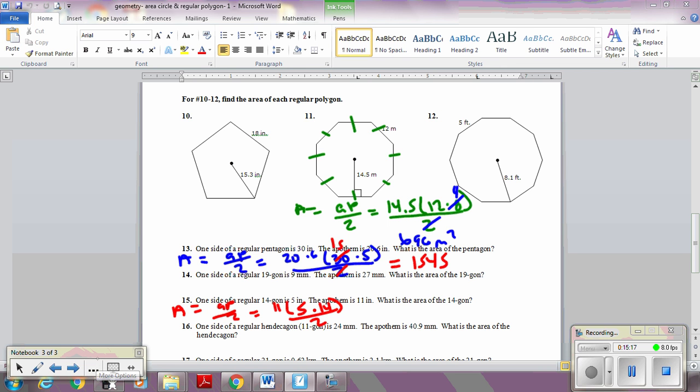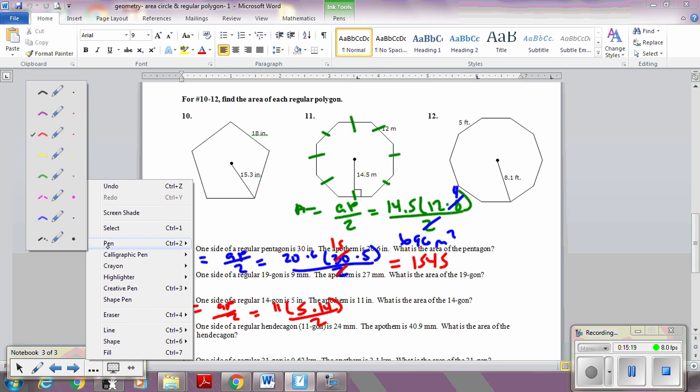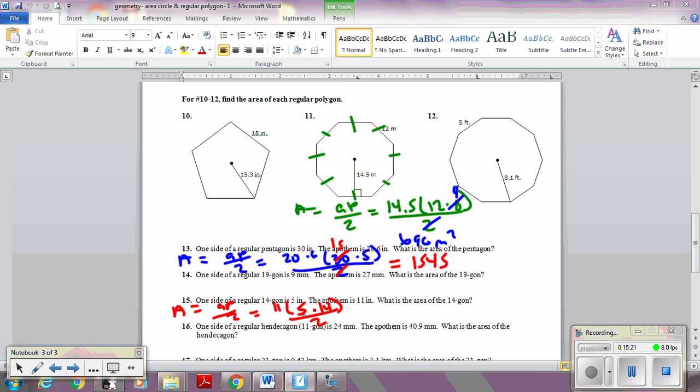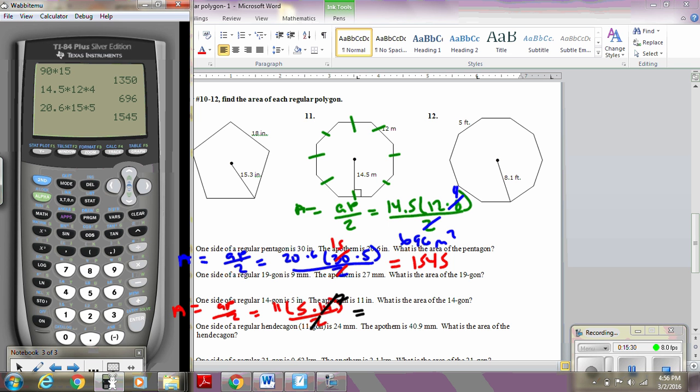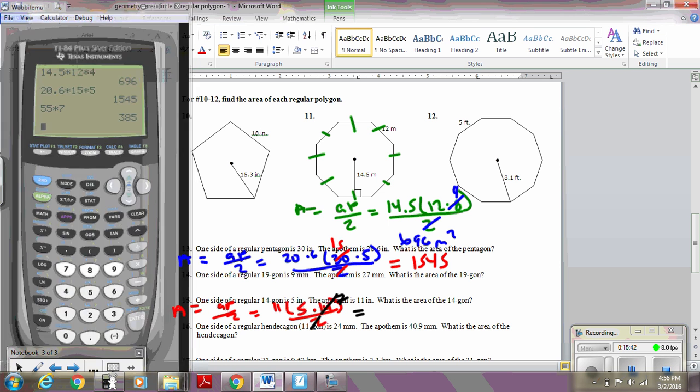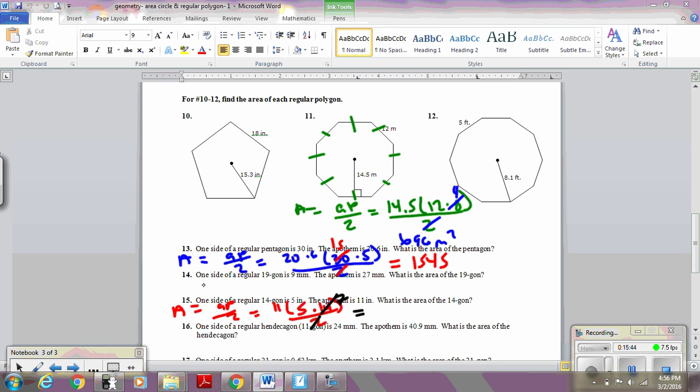I can divide 14 by 2 and I'll get 7. So in the calculator, it would be 11 times 5, which is 55. 55 times 7, which is 385. So it's 385 inches squared.